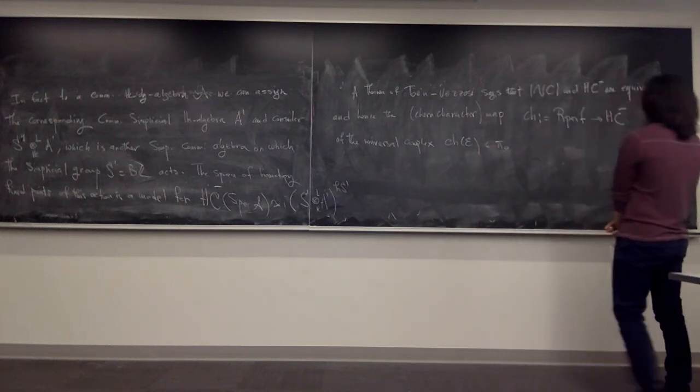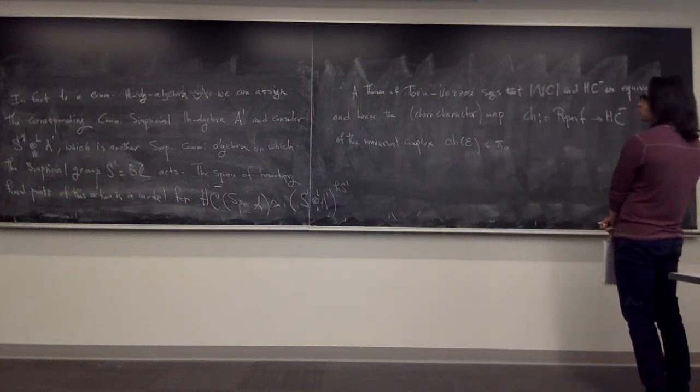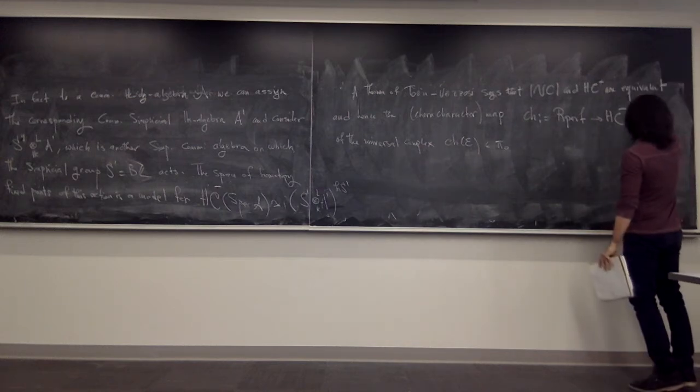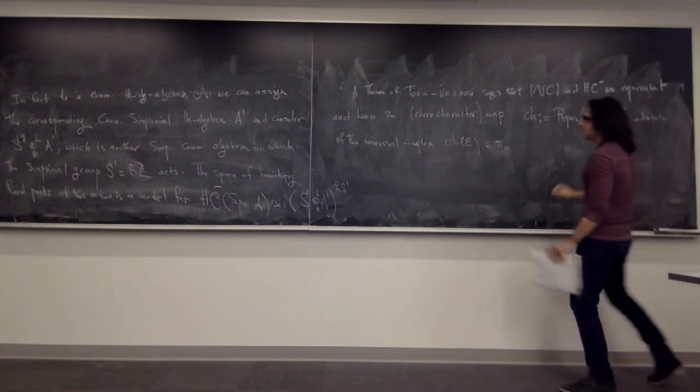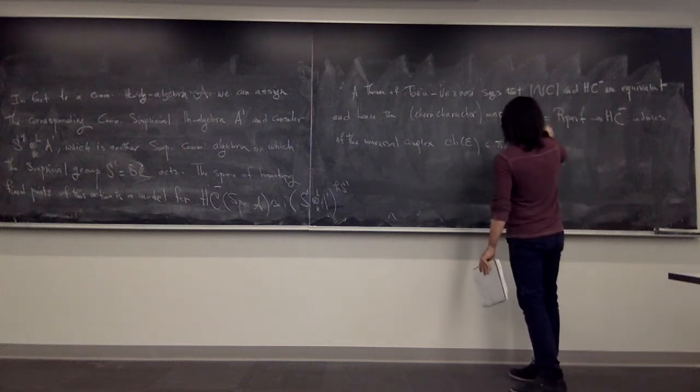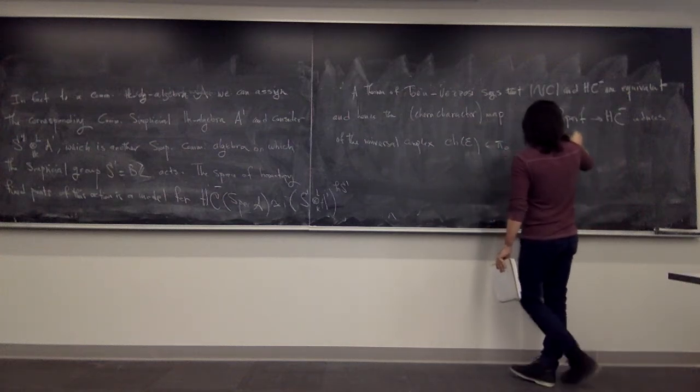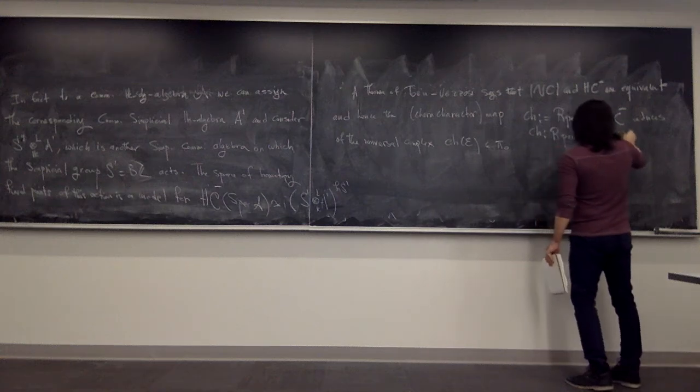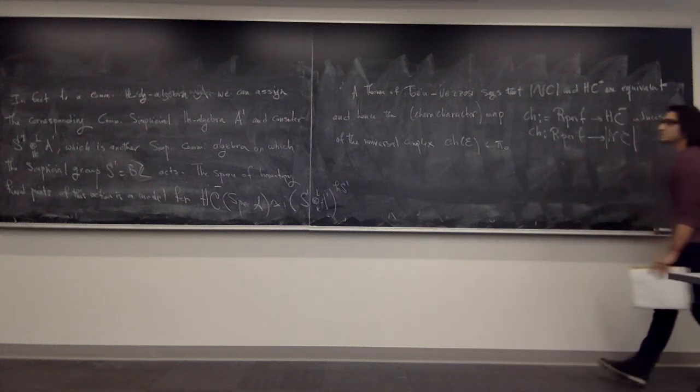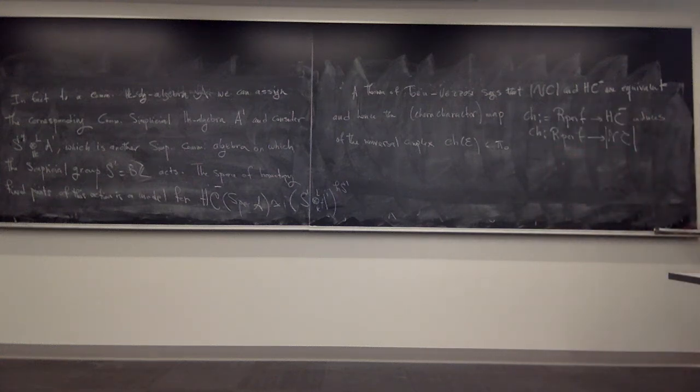These two things are equivalent, and hence the Chern character map induces a Chern character map from R perf to this space of negative cyclic complexes.